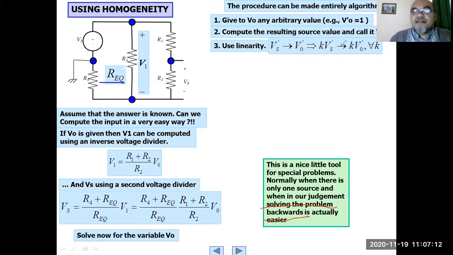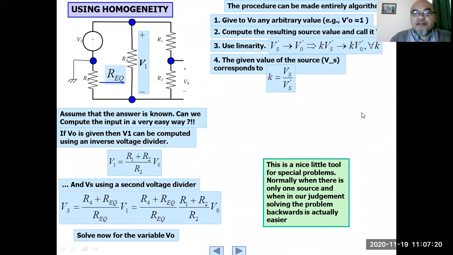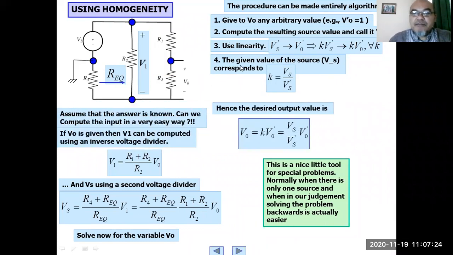Okay, let's try some examples here. Yesterday we covered the principle, but it's a bit difficult to understand without examining proper examples. So first we assume a certain output value, for example V dash output here, 1 volt.